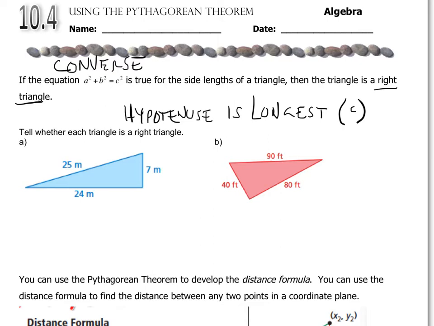So here with the first one, letter A, we have a triangle where we are given all three sides, but what we don't know is if this is a right triangle.